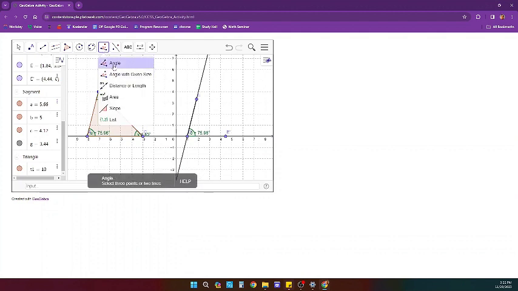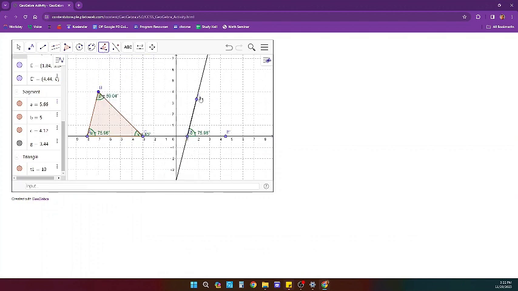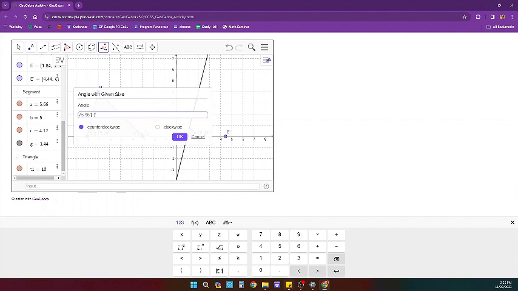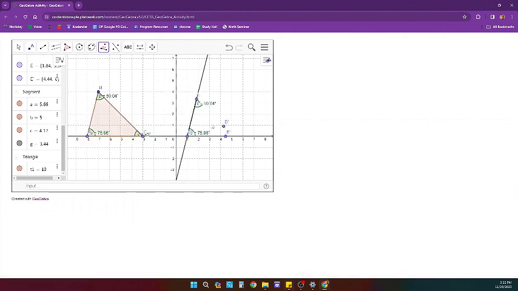I'm going to do something very similar to point E, where I recreate, with a given size, angle B, where angle E is here. So I'm going to go 59.04, and I want it to go counterclockwise. And now I have my 2 angle measures.